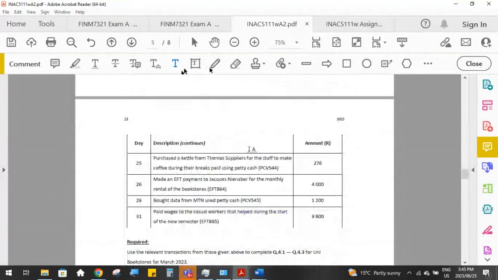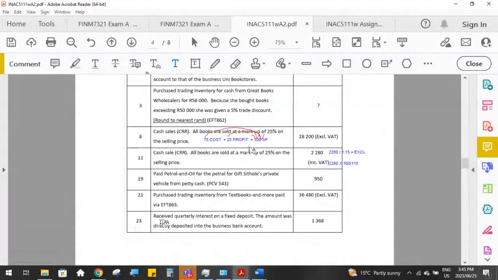And then transaction number 23, received quarterly interest on our fixed deposit. The amount was directly deposited into the business's bank account. So that just means it doesn't go into our analysis of receipts column. It goes directly into the bank. And it's interest, so there is no VAT. Interest is a VAT exempt item.